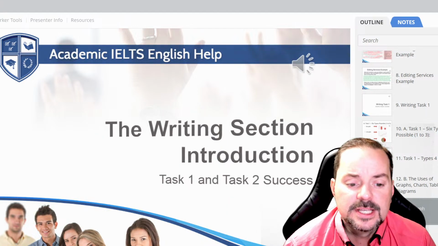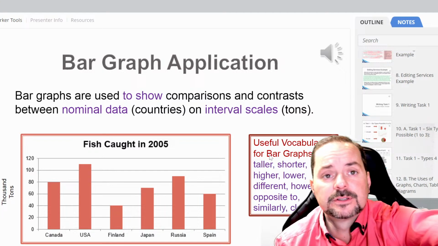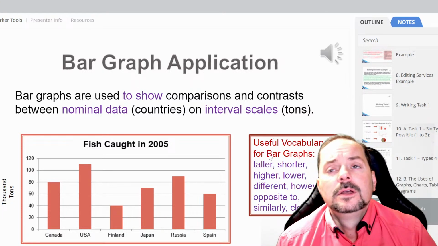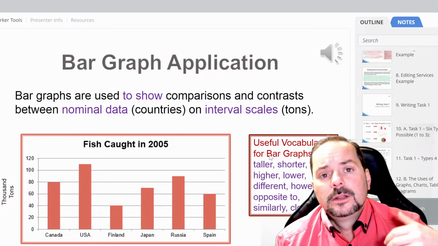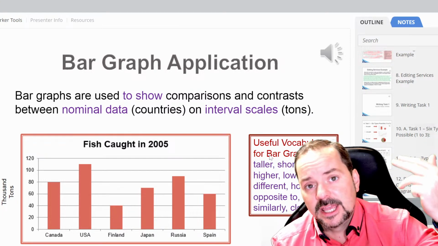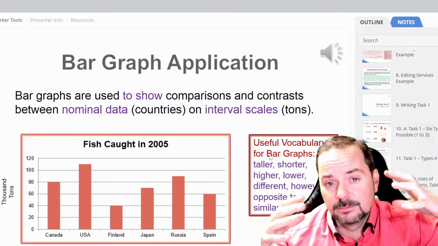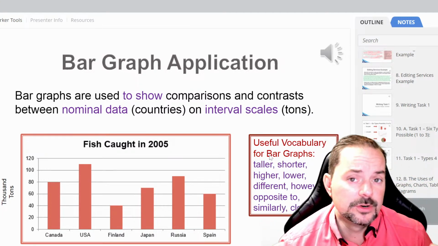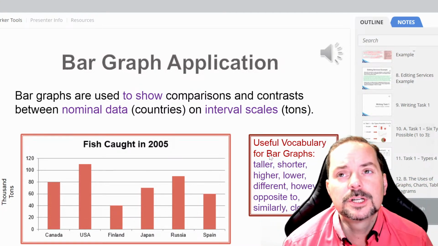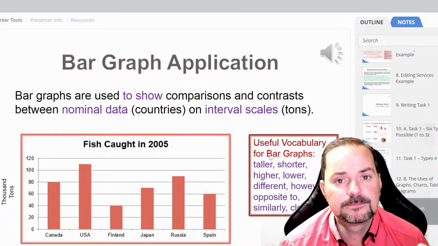So one good example here is the application of bar graphs. Line graphs, pie charts, bar graphs, tables, flow charts, diagrams. Those are kind of the main graphs you will see on IELTS. There are also maps. And of course, each of these has a purpose.